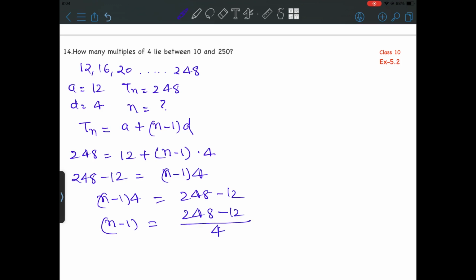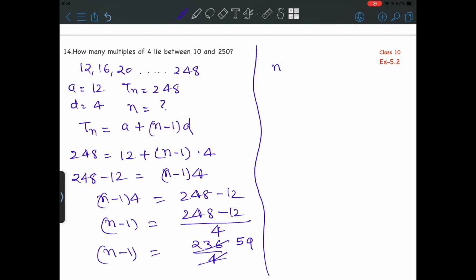Now solve this: n minus 1 is equal to 236 upon 4. 4 5s are 20, 3 is left, 36, that means 4 9s are 36. So n minus 1 is equal to 59, so n is equal to 60. There are 60 numbers which are multiples of 4 and which lie between 10 and 250. So this is how we solve this question.